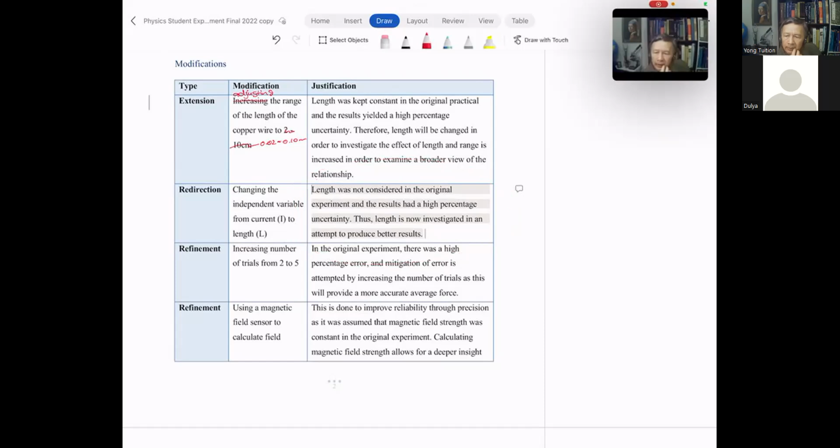The results had a high percentage uncertainty. Is that logical? I'm not sure. Can you say the length was kept constant in the original experiment? Okay.